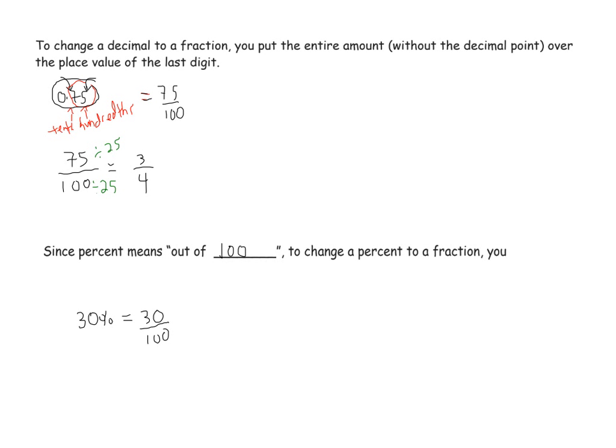So you take your percent and write it as the numerator over 100, and then again we should reduce that fraction as much as we can. So in this case we could divide the numerator by 10 and the denominator by 10. And we get a fraction of 3/10.